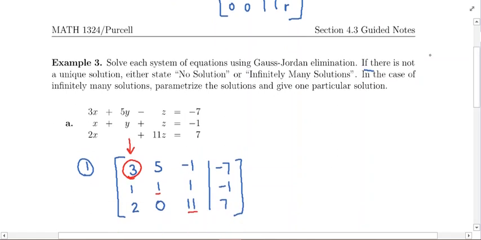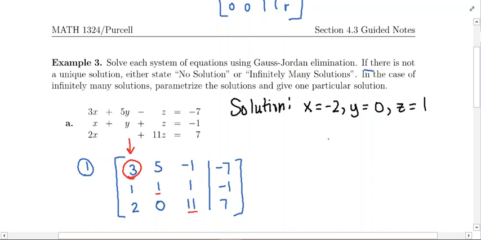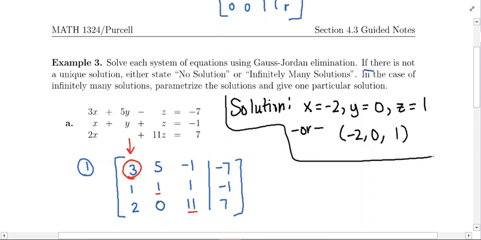I'll put up here that the solution is, let's talk about how we can write this down. X is -2, Y is 0, Z has to be 1. You can either spell it out like this, or you can write it as an ordered triple. X has to go first, then Y, then Z. It must be in that order. So there's your solution.